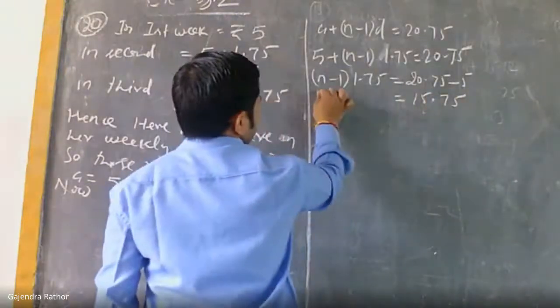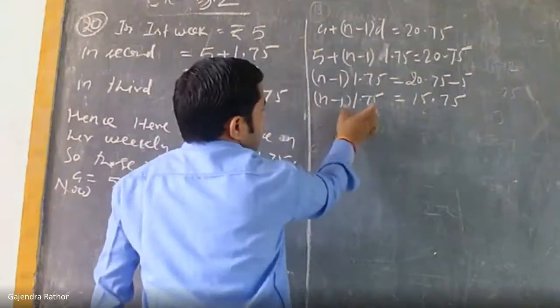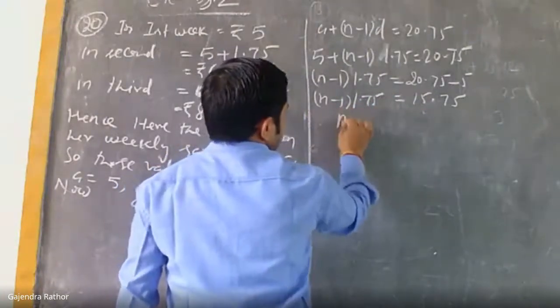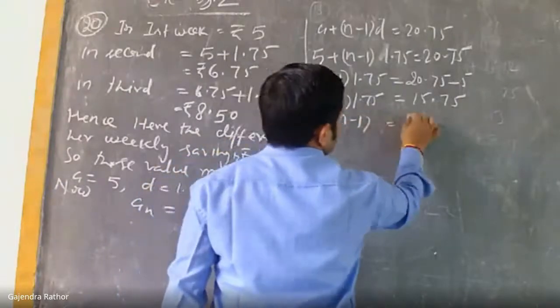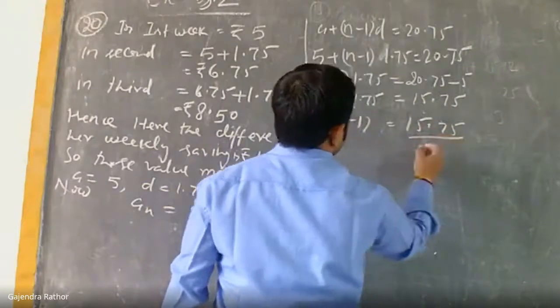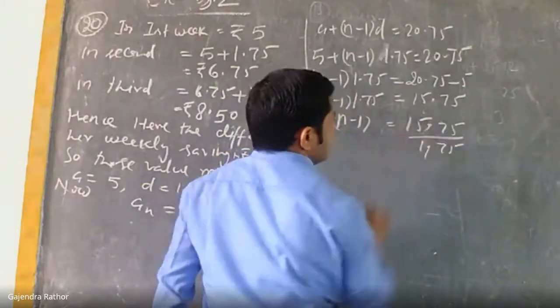15.75 is n minus 1 times 1.75. Now transfer 1.75 to the RHS. Remaining n minus 1 is equal to 15.75 divided by 1.75. The decimals cancel.